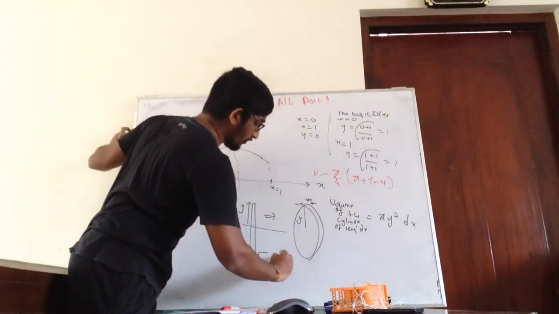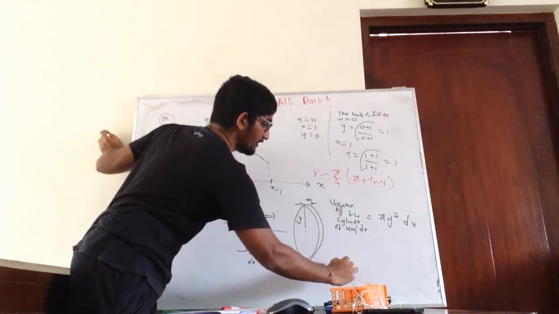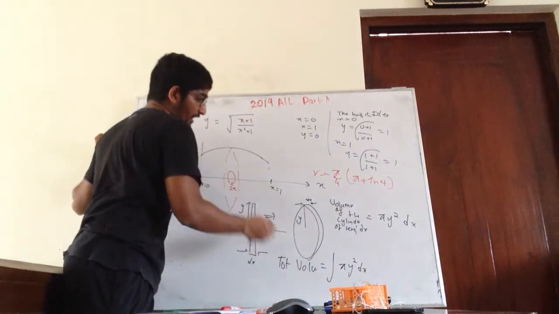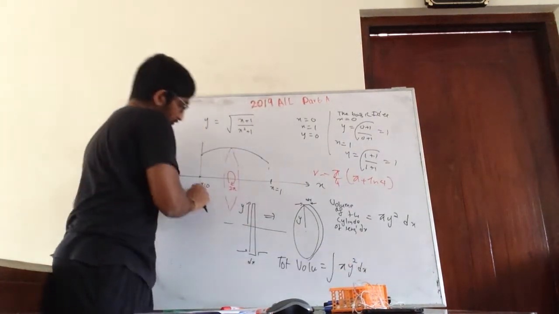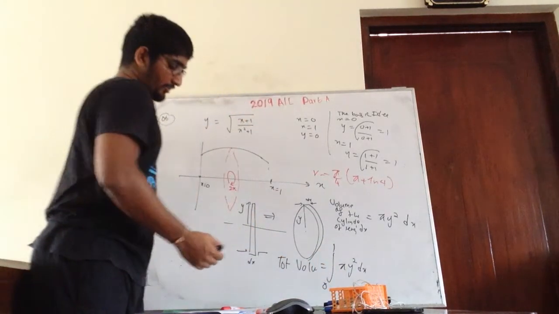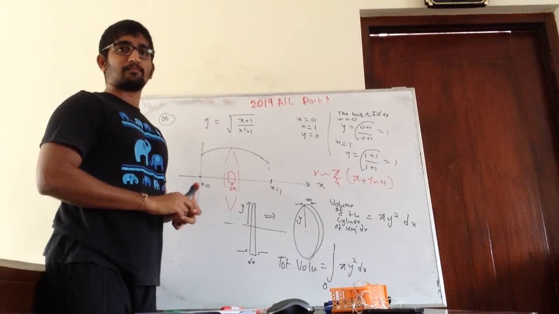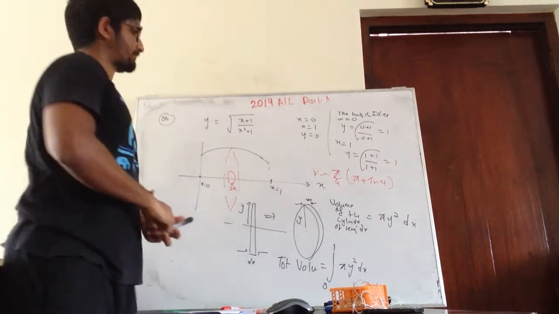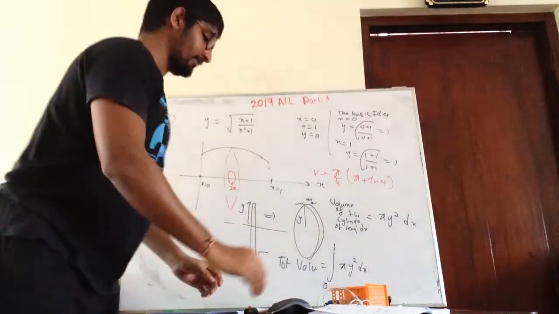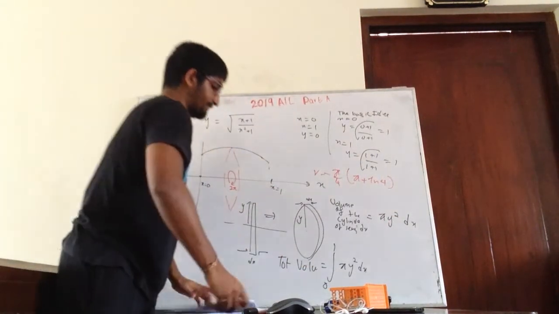So the total volume will be 5y squared dx, where this x goes from 0 to 1. So this is the volume, right? Right. So now what we need to do is we need to get this.